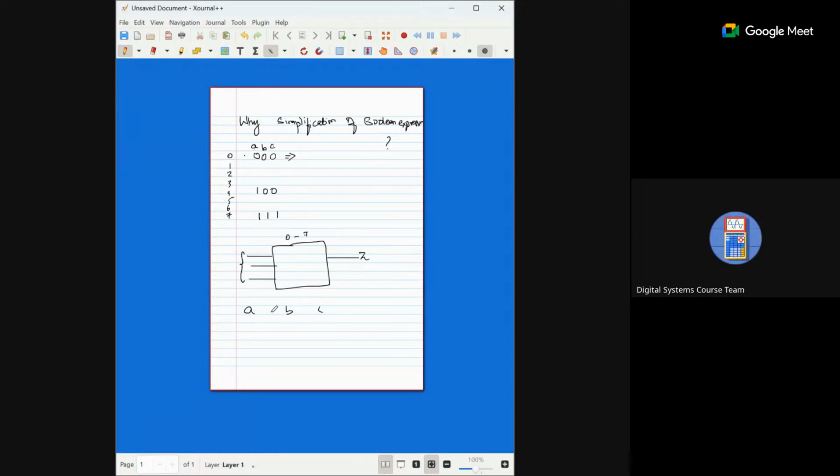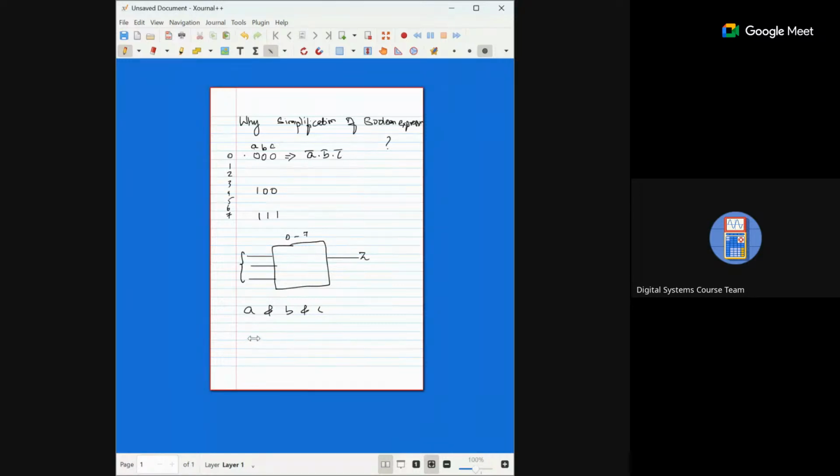So A and B and C in some combination. So how can I represent this 0, 0, 0, the decimal number 0 in binary format, with the help of external user input of 3 separate lines, like A bar dot B bar dot C bar.